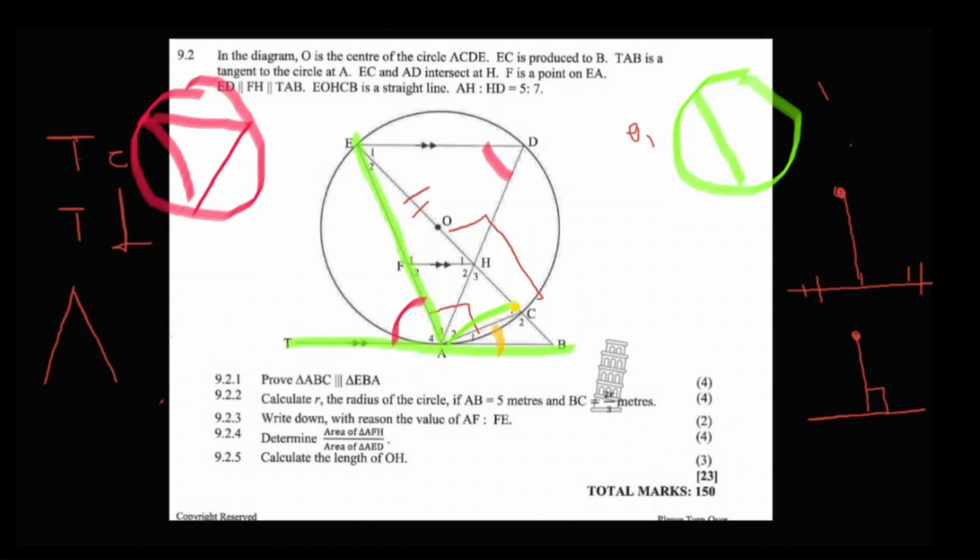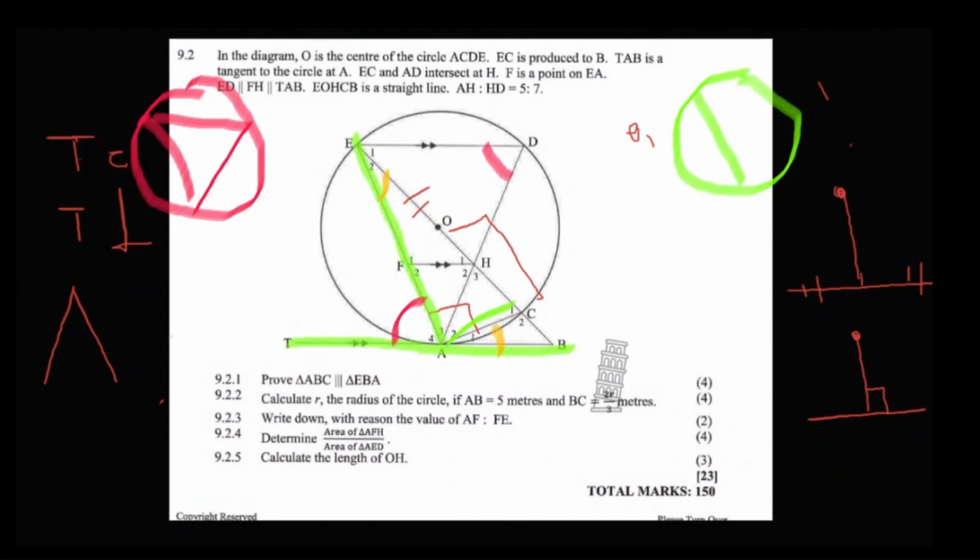So how do we know if it subtends? You're going to start from C, trace it all the way to the other end of the circumference of the circle. It ends over here. Do the exact same thing to the opposite end. Start at the other end of the chord, trace it all the way to the opposite end of the circumference. They both end here at E2. So we know that E2 is going to equal A1.